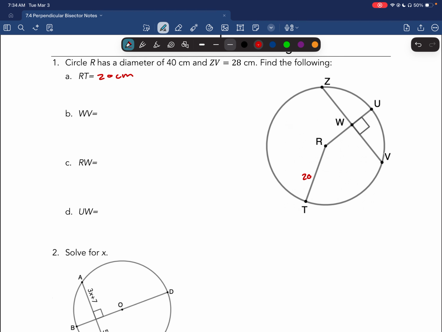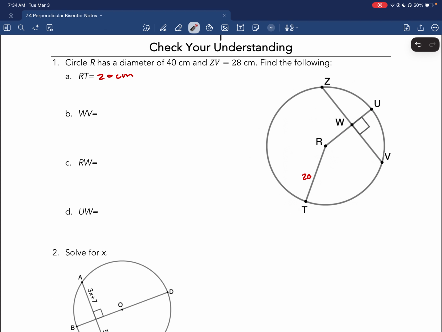Okay? Now WV, so we want to find the distance from here to here. Well, just like this was a radius, this is another radius here. RU is another radius, right? From the center to a point on the circle. We also know that this chord meets the radius at a 90-degree angle, as shown, okay?